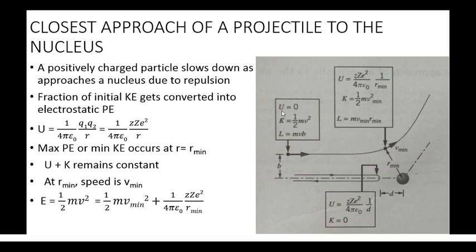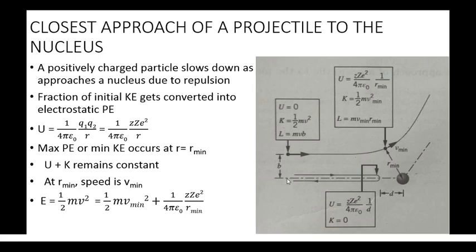No, initially the potential energy is 0. It has only kinetic energy, half mv², and it has an angular momentum also. Angular momentum is L = mvr, where r is the perpendicular distance of the particle, and here it is the impact parameter b. So L = mvb. This is the initial state.